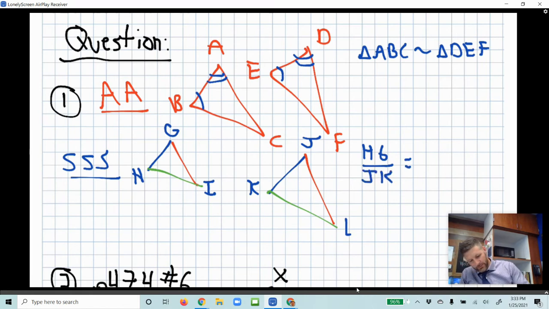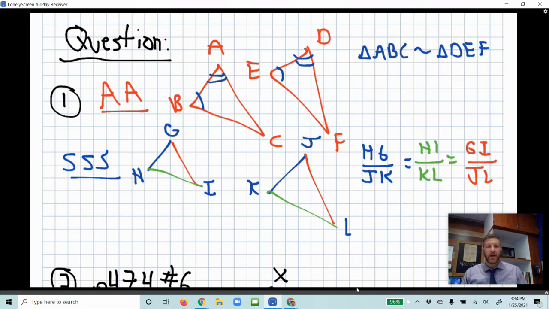That would have to be equal to HI divided by KL, and that would also be equal to GI divided by JL. If that division gives you the same ratio, that's how you would know all three sides are proportional. You do need to know all three sides in this case, but that is enough to know for sure that those two shapes are similar. That's basically nothing new. That could be assumed based on what we talked about in 7.2. So that's side, side, side.